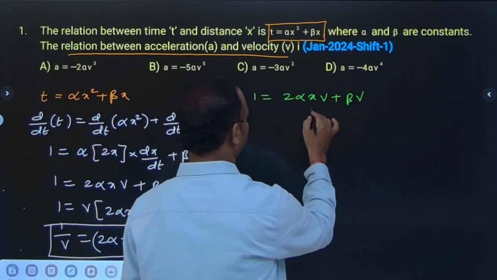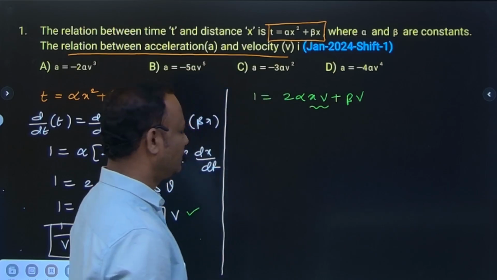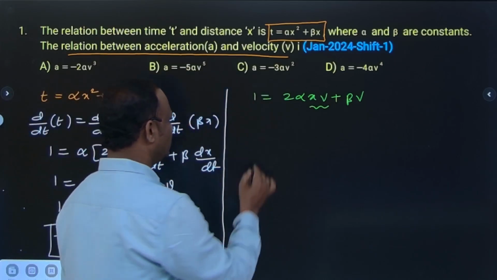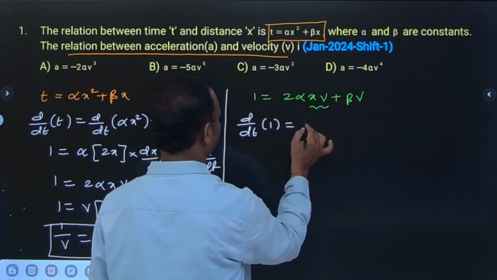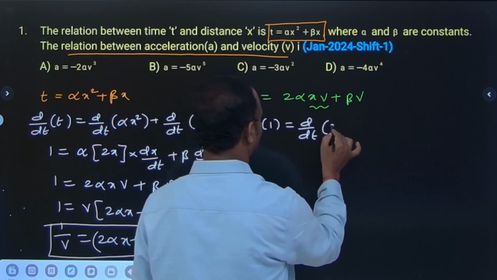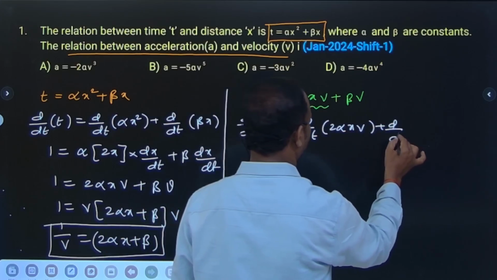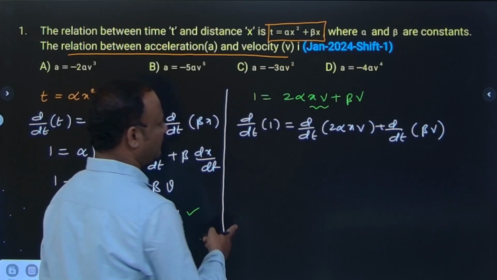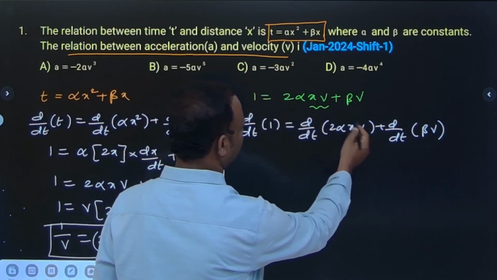One thing you need to remember is the product rule: d by dx of u into v is u v dash plus v u dash. So d by dt of 1 is equal to d by dt of 2 alpha x v plus d by dt of beta v.